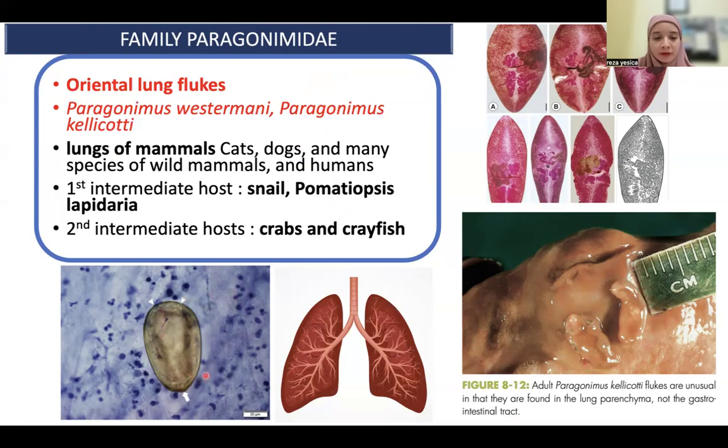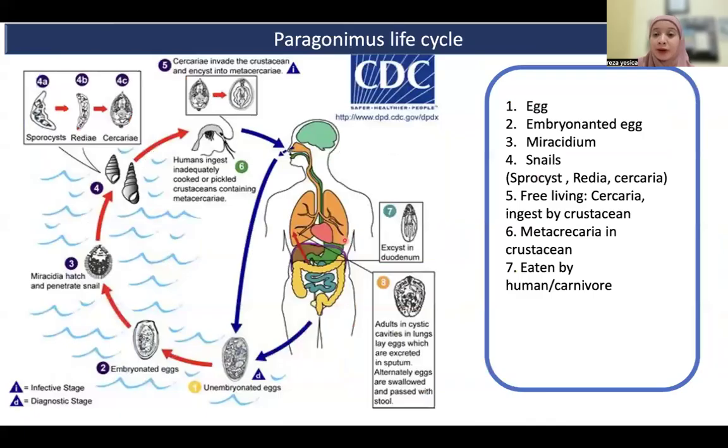And this is the egg found in sputum or in feces also. The first intermediate hosts are snails, and the second are crabs or crayfish. This is the Paragonimus life cycle. You can see from this, humans ingest undercooked or raw crustacean containing metacercaria.